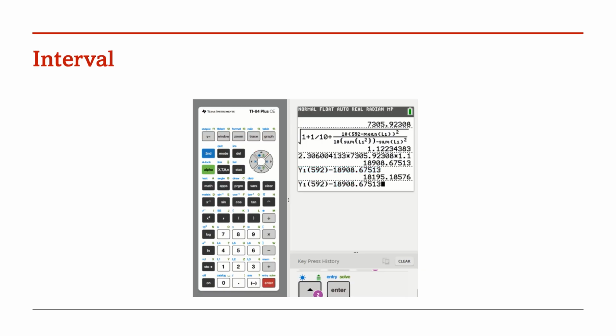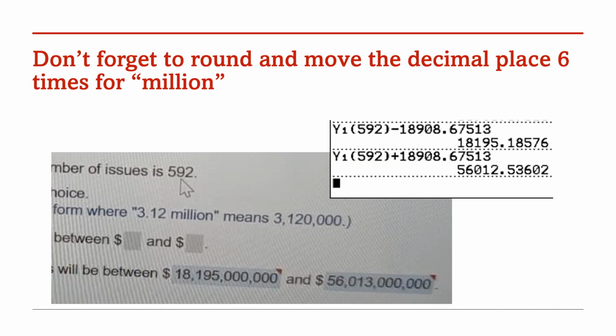I'm going to go back up here and just switch this to plus. Don't forget to round these answers to the nearest whole number and then move your decimal place 6 times because millions. Bye.